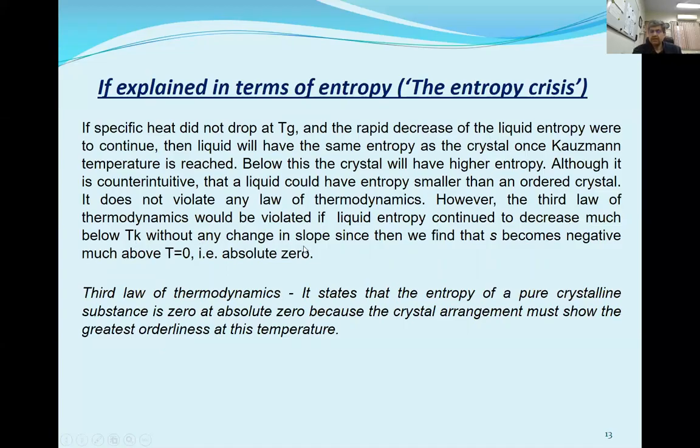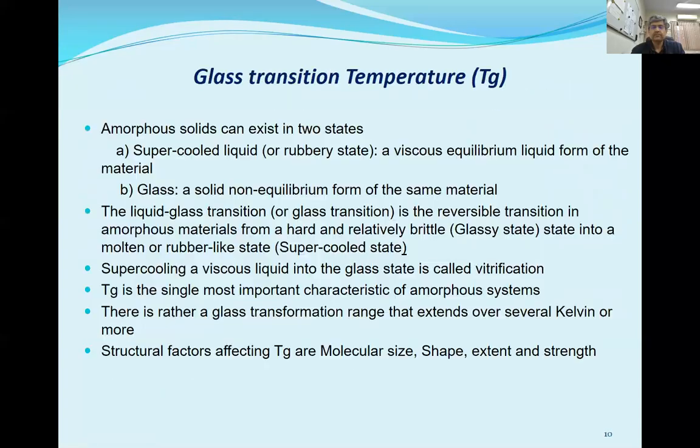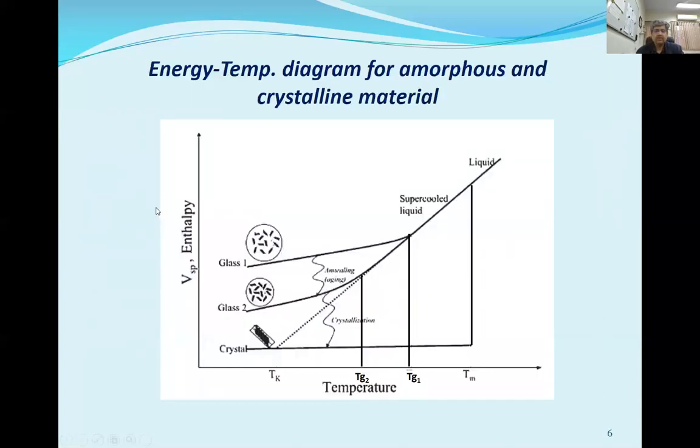So I'll again go back to the same picture to discuss this particular point as well. Remember, I told you on this axis you can also have free energy or entropy. So what we are saying is that when this liquid is being cooled, the entropy is also decreasing, and if this deviation does not take place, it will follow this particular dotted line, and the entropy of the liquid will become equal to that of the crystalline material.